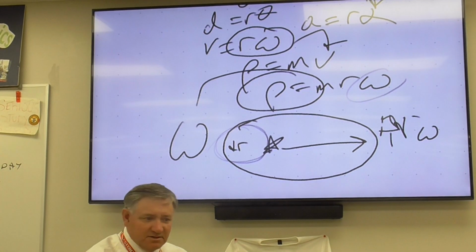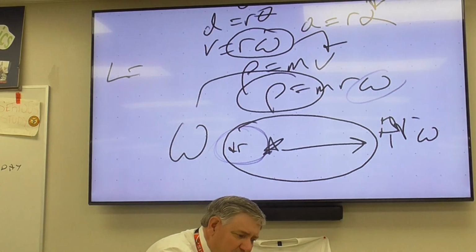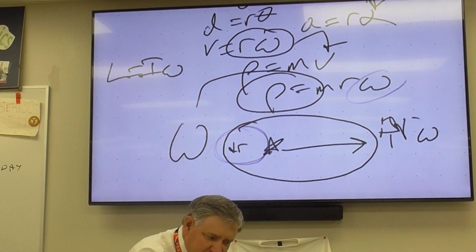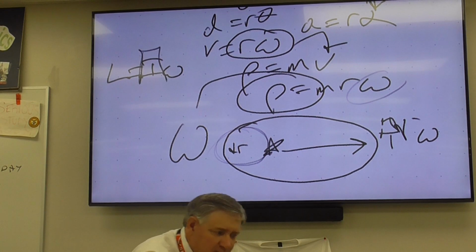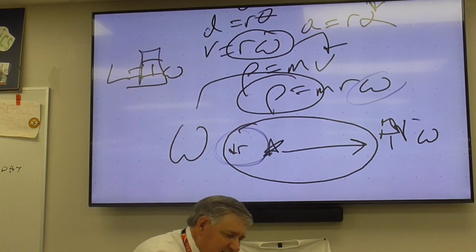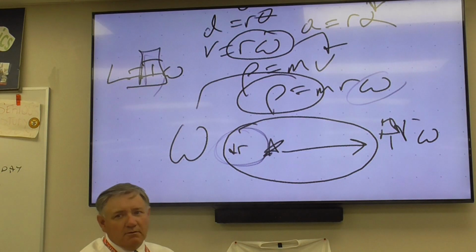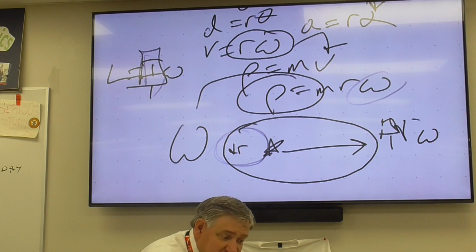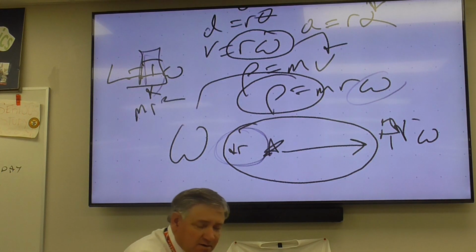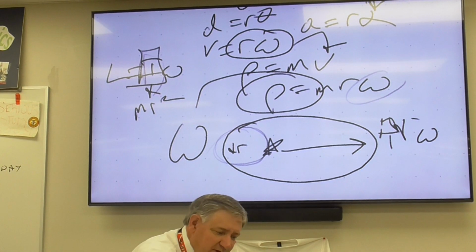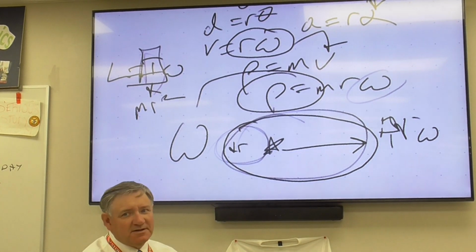Because momentum has to be conserved. Now, L equals I omega. As the Earth goes around the orbit, is I going to change? The mass isn't going to change, but that's going to be m r squared, right? Is the radius of that orbit going to change?